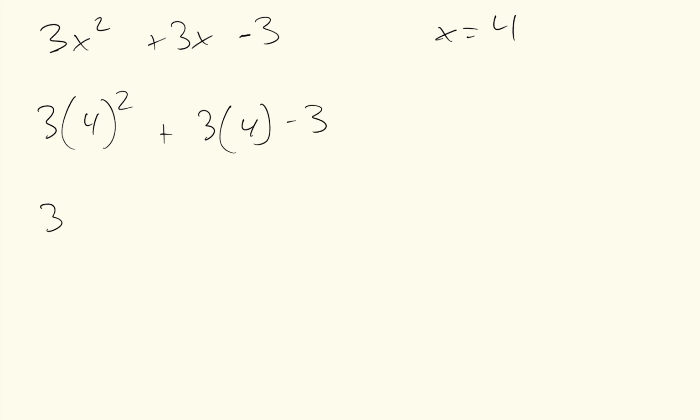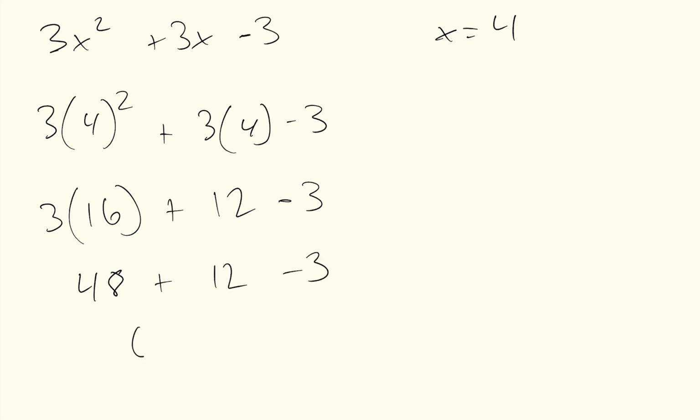So this is 3 times 16 plus 12 minus 3. Now 3 times 16 is equal to 48. Plus 12 minus 3, that's 60 minus 3, and your answer is 50. Oh, sorry, did that backwards. Your answer is 57. Once again, not too bad.